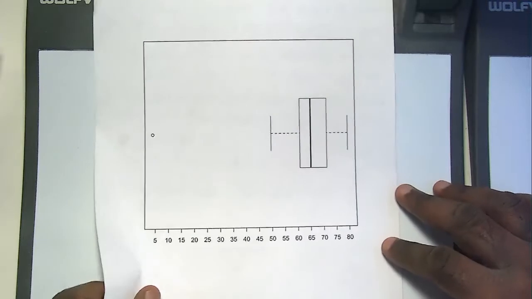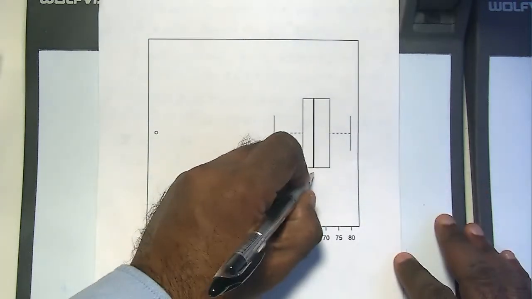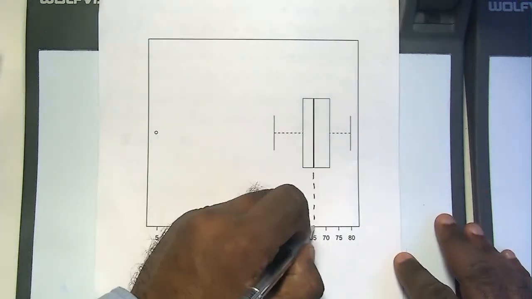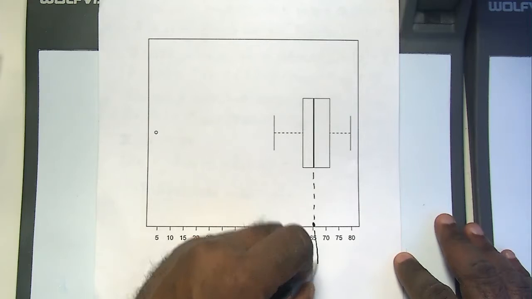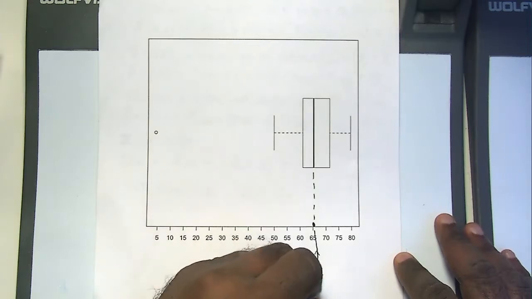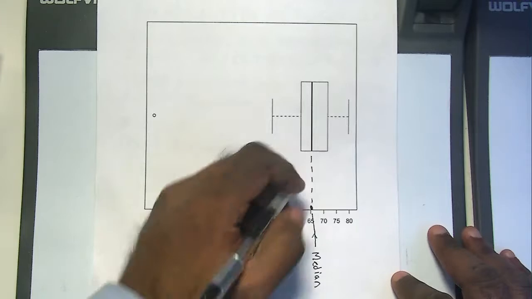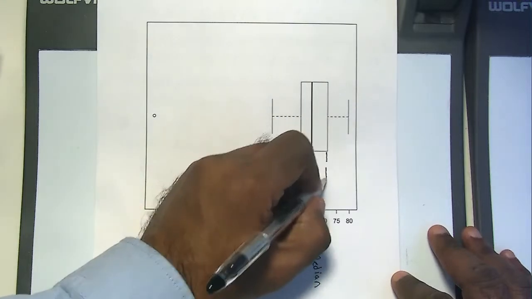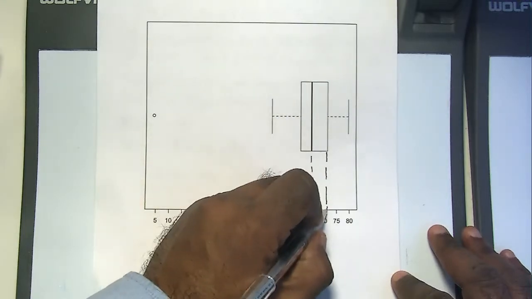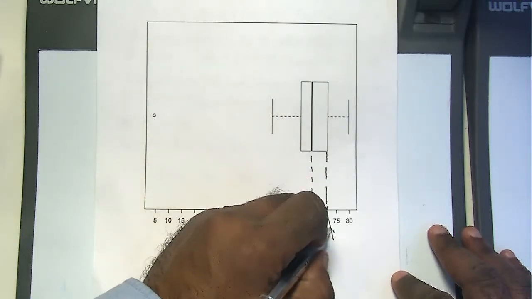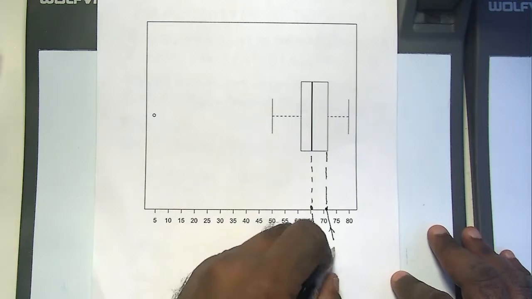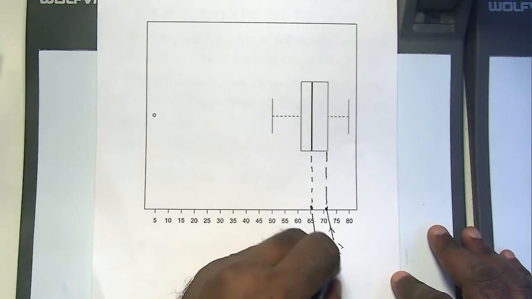Okay. So the middle line here, this point here is the median. Can you see this? Yeah. And this line here is the third quartile, so Q hat at 0.75.